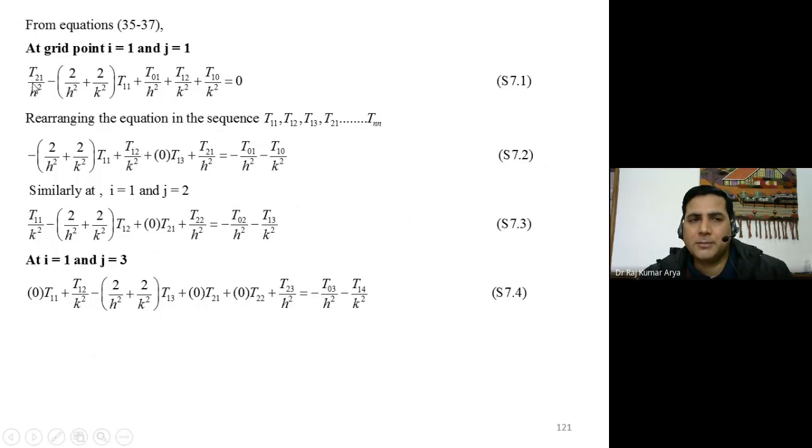You also know T01, T21, so I wrote that here. So you got T11, T12, T13 for i equal to 1, where you changed j as 1, 2, 3. You wrote all of them, whether they are present or not. If not present, just put a coefficient 0.